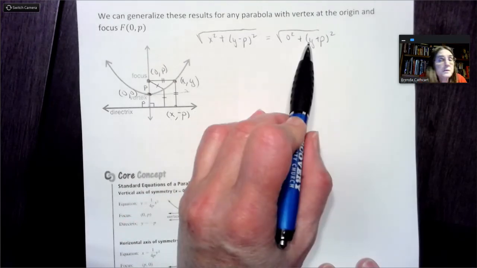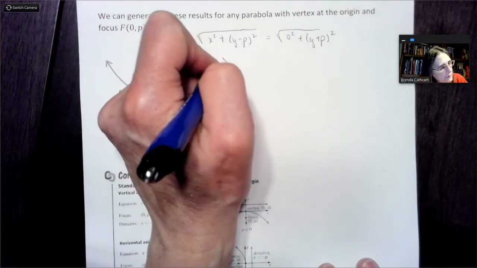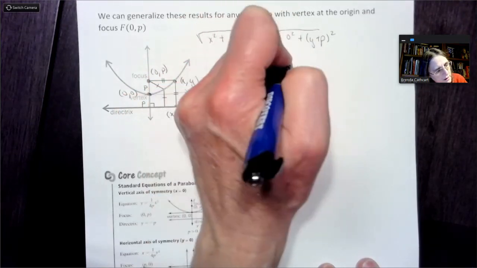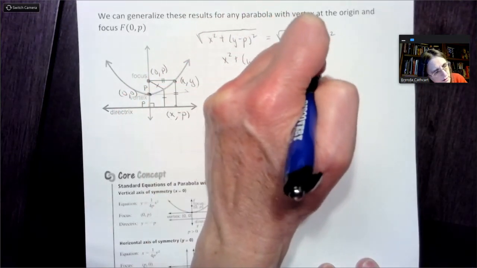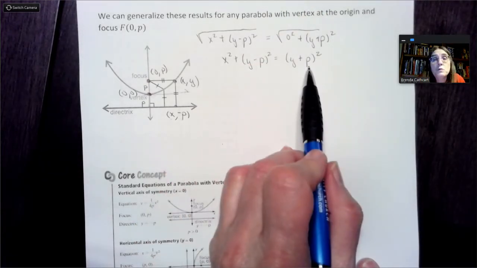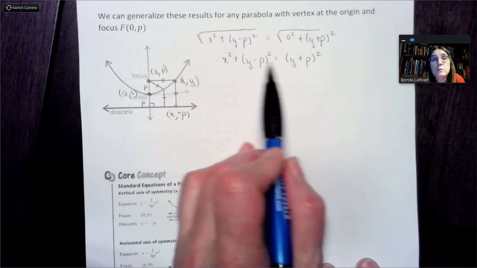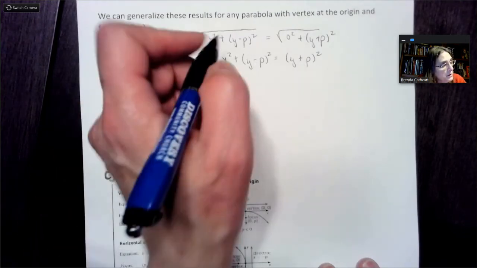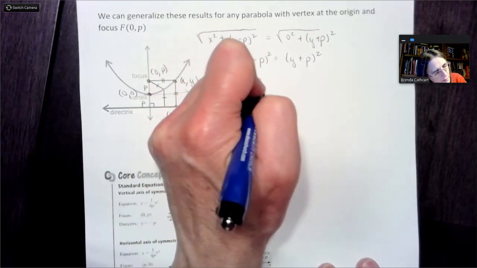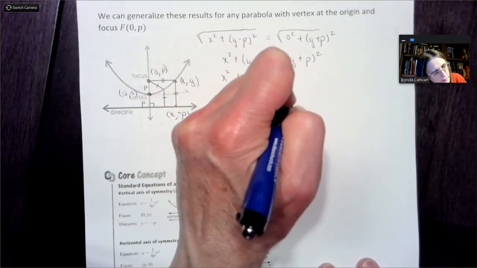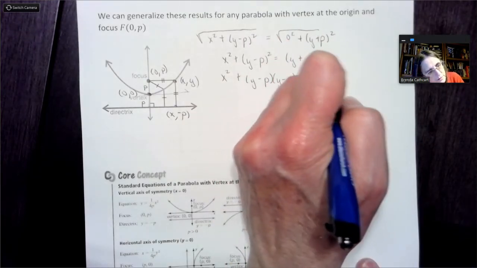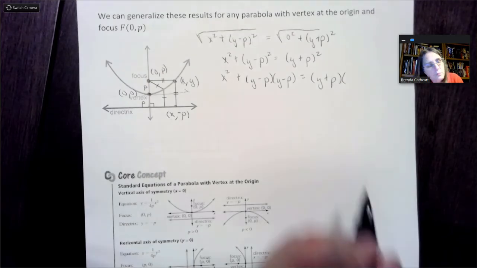Now let's square both sides to get rid of the root. So we have x squared plus (y minus p) quantity squared equals (y plus p) quantity squared. Again, we're going to expand these binomials by multiplying them out. So we have x squared plus (y minus p) times (y minus p) equals a quantity (y plus p) times (y plus p).